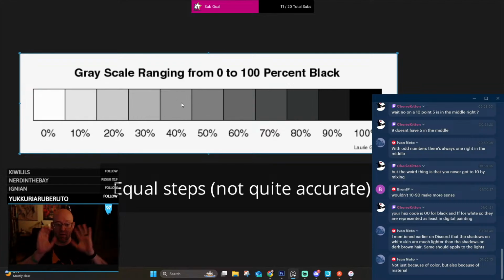Because whenever you have atmospheric perspective, contrast lessens. You have less contrast. So instead of having your highlights be at a 10 and then your shadows being at a 90, let's say your highlights are at a 40 and your shadows are at a 60. Those are condensed. Those are crushed, right? Those are so close together, but that's correct because you have atmospheric perspective.